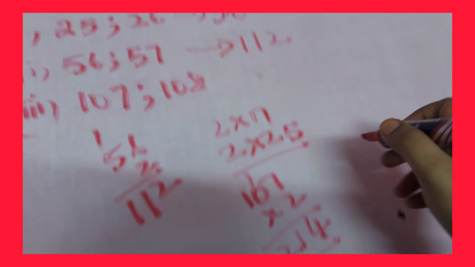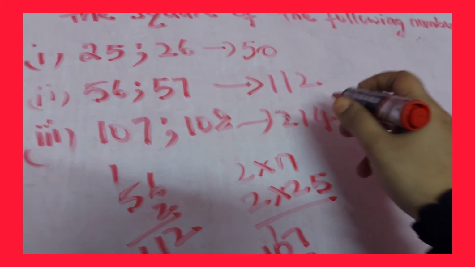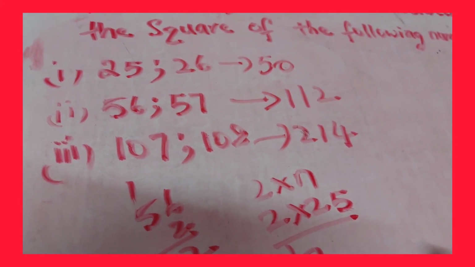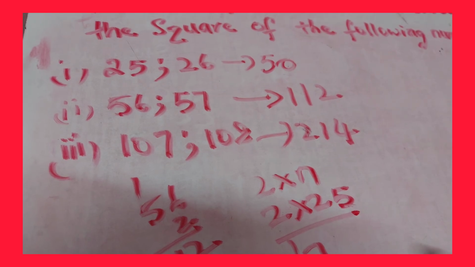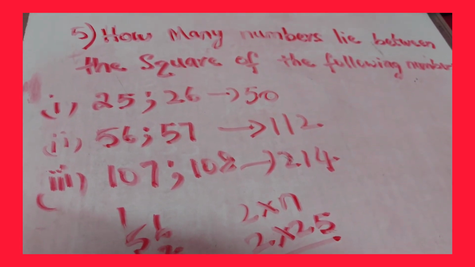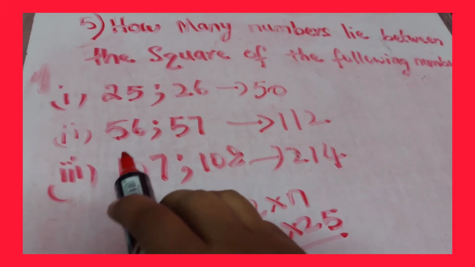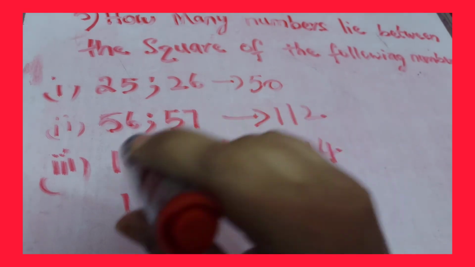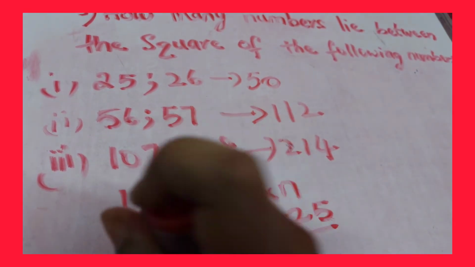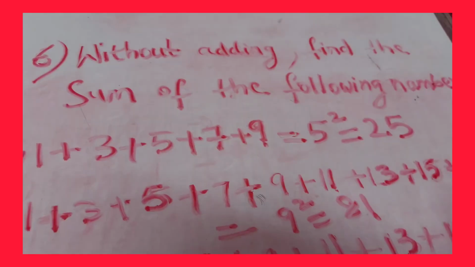It is 214. So the answer is 214. Simple. You have to use here the formula 2 into n. The question is how many numbers lie between the squares of these two numbers. You have to use this formula.